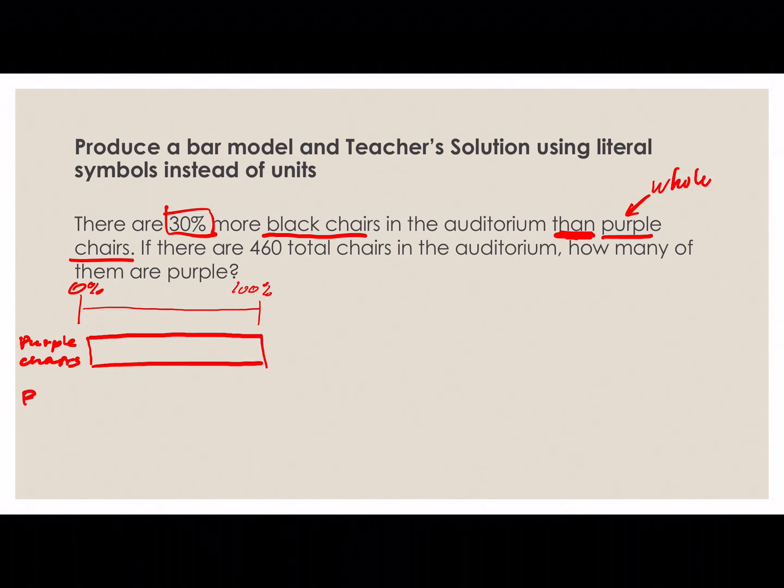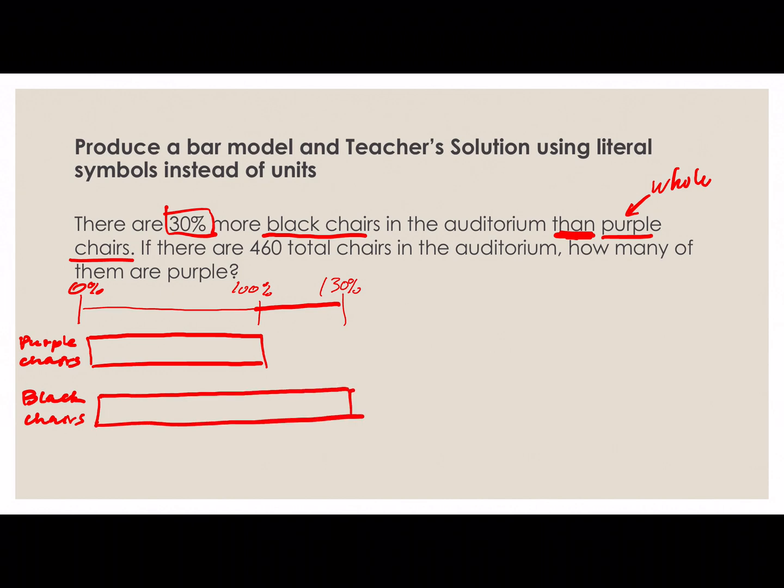Black chairs, I'm going to draw next. That will go up to 130%. So we need to extend our bar model because there's 30% more black chairs. So that's how many black chairs there are. Purple chairs are the top bar. In total, we have 460 chairs.